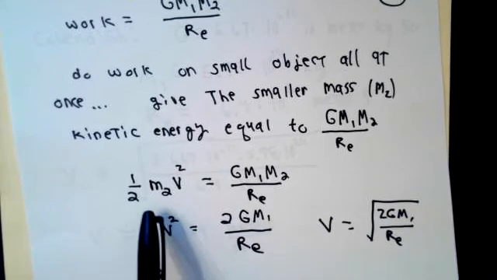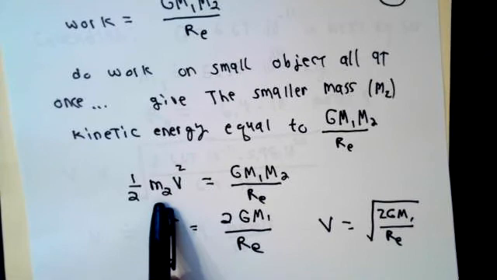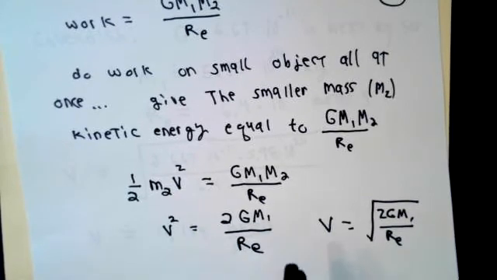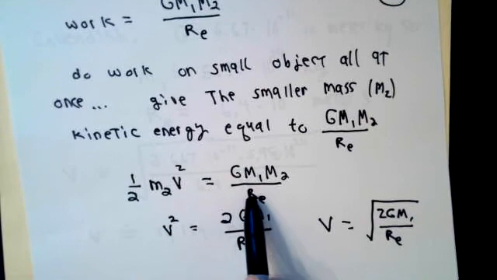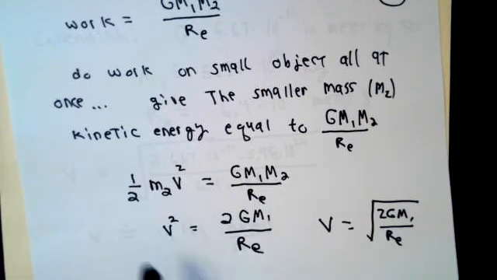The kinetic energy is going to be 1/2 m2 v squared, and I want to make that equal to or bigger than this critical energy that we're talking about, constant over r sub e. You can divide an m2 out. The conclusion that we're going to come to does not depend on the mass of the small object.